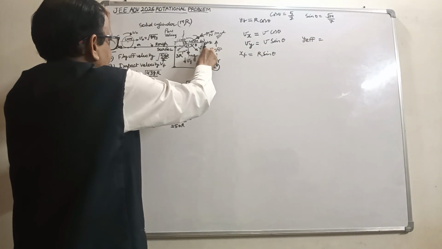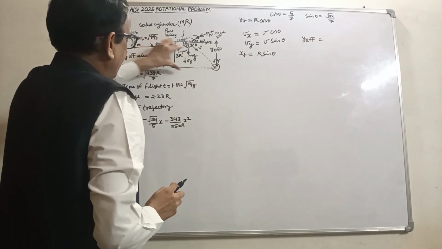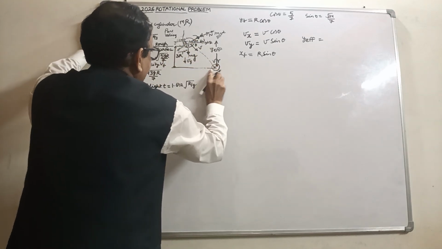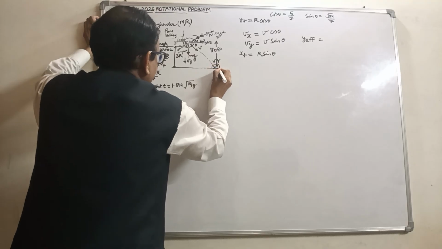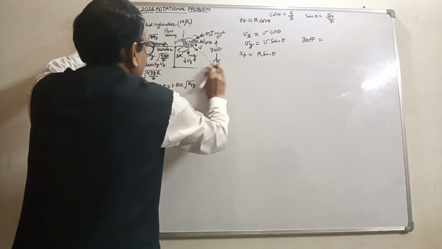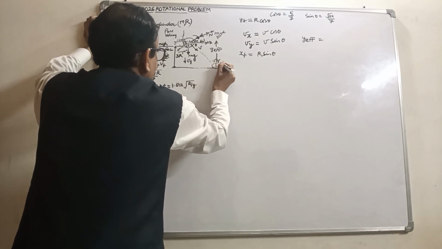So y effective: this length is 2r, because this is 3r, and the center of mass is at length r here. This is the ground, and this is r.